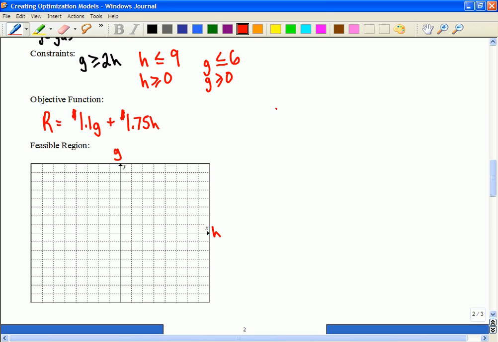Okay, so this one here, we've got to put down 6 and 9. So 1, 2, 3, 4, 5, 6, 7, 8. I'm going to cheat a little bit and move my line over. So if h has to be less than or equal to 9, I'm going to have a vertical line there.